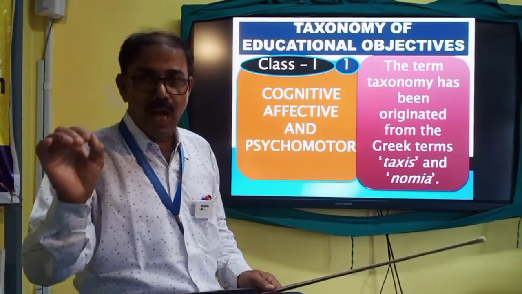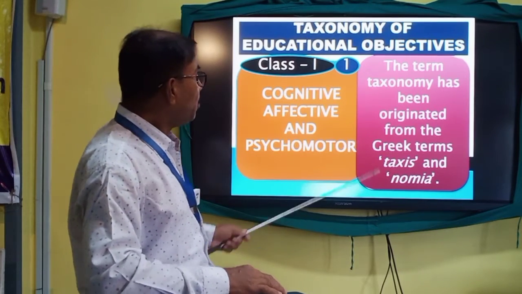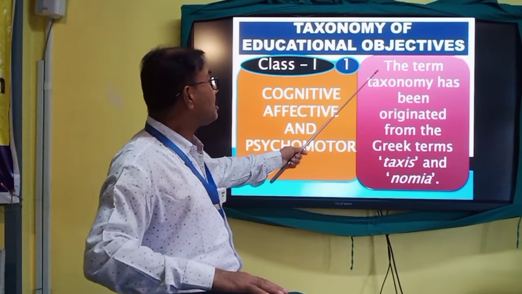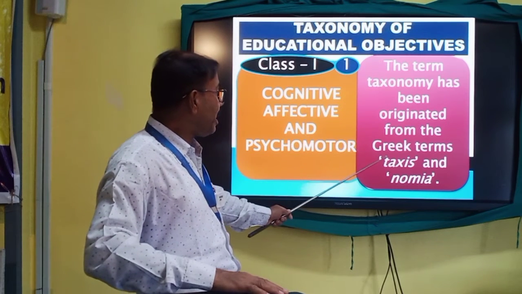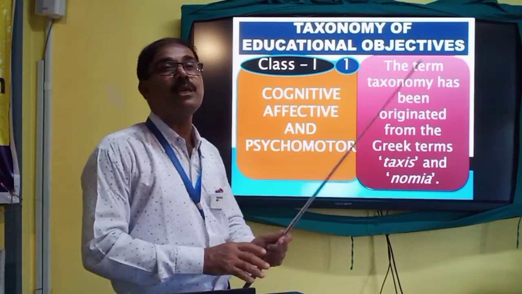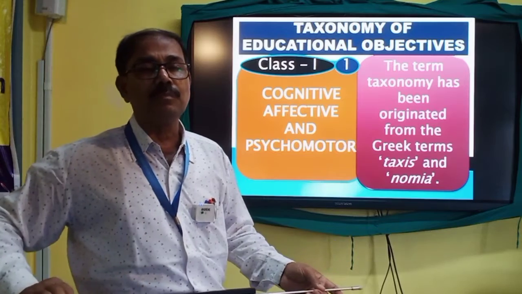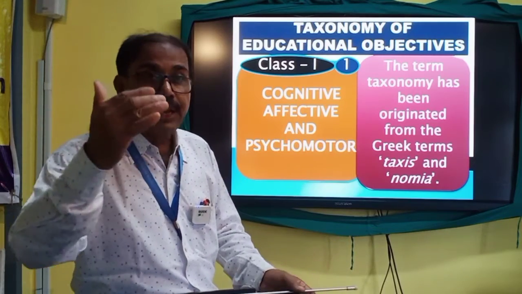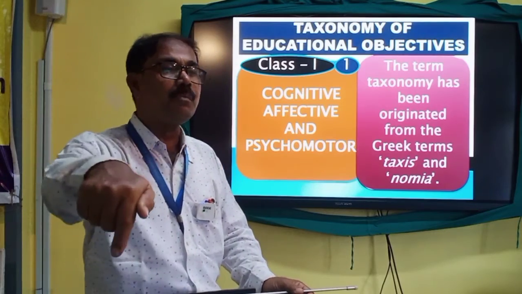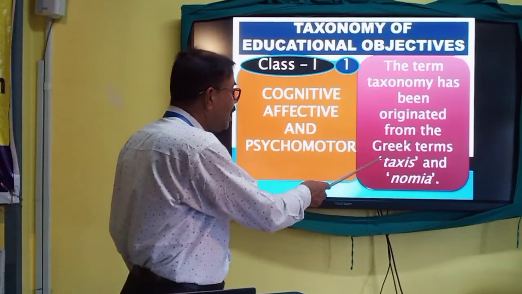If it is asked in your TET examination from which terms the term taxonomy has originated, you are to mention the Greek terms taxis and nomia. So friends, taxonomy is a term which has Greek origin, and the terms from which it has originated are taxis and nomia.